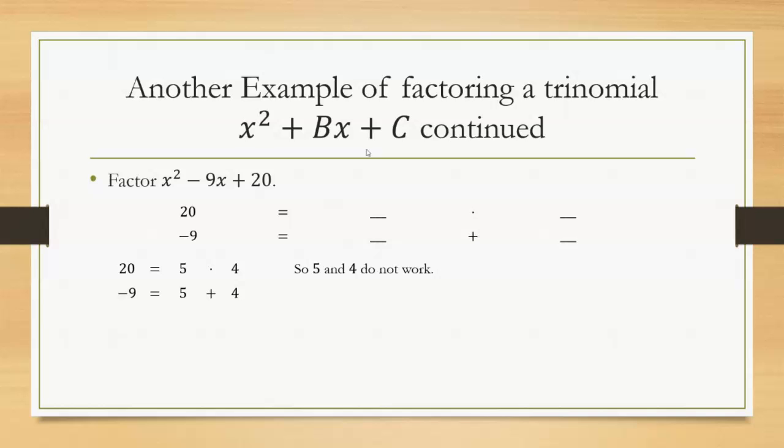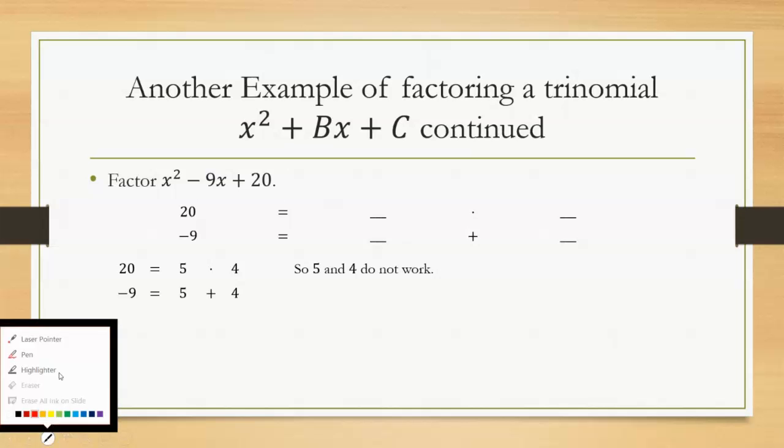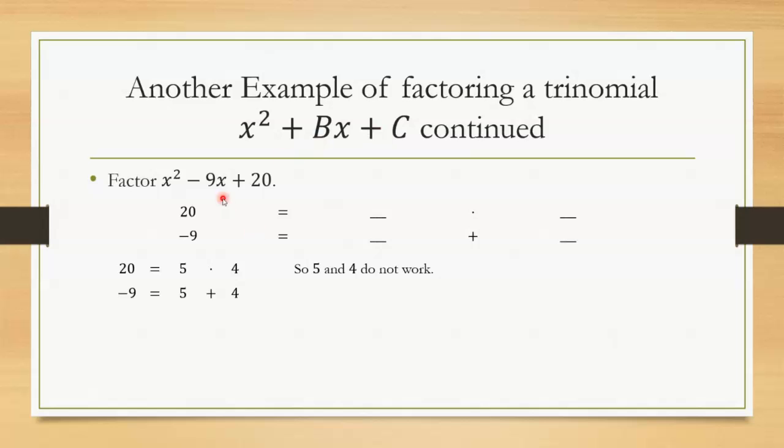The sum, remember, since we have a negative, you want to include negative as part of the number. Wait, let me get the laser thing. There we go. You want to include negative as part of the number, right? So b is actually -9. So 5 and 4 don't work because the sum is not -9. That sum is actually 9.